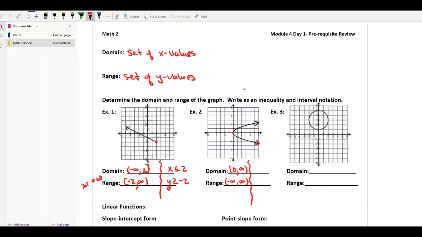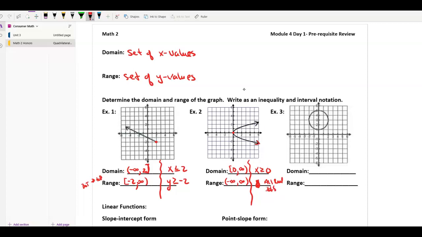Now my inequality for the domain. All my x values here start at 0 and go to the right, so they're greater than or equal to 0. And all my y values, basically every y value on this graph is covered. Therefore, we would say all real numbers.